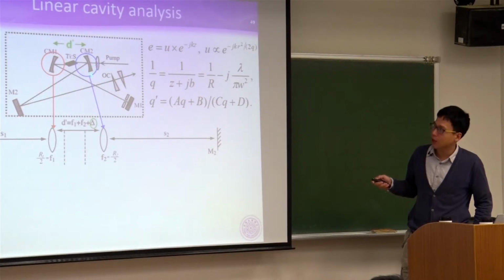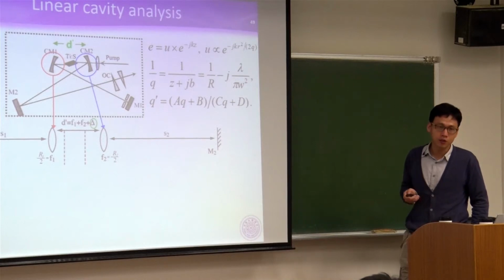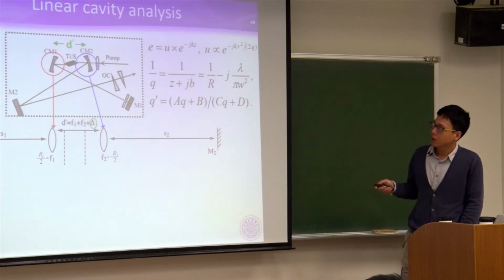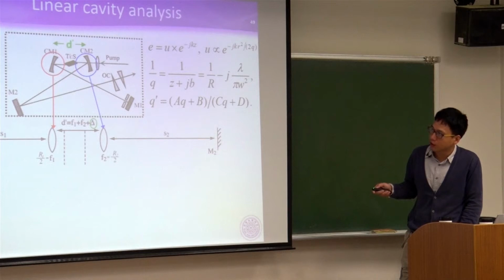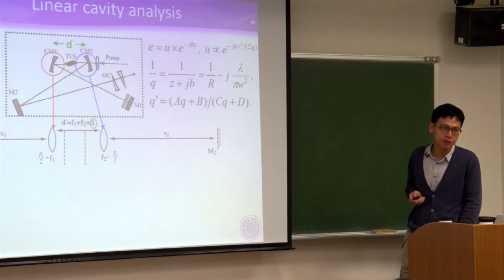CM2, using the same skill, you can replace it by another equivalent lens with focal length f2 equals R2 over 2. Okay? Then the distance between curved mirror 1 and the planar mirror M1 is S1 preserved here. And this is the planar mirror M1. Similarly, S2 is the distance between CM2 and M2.